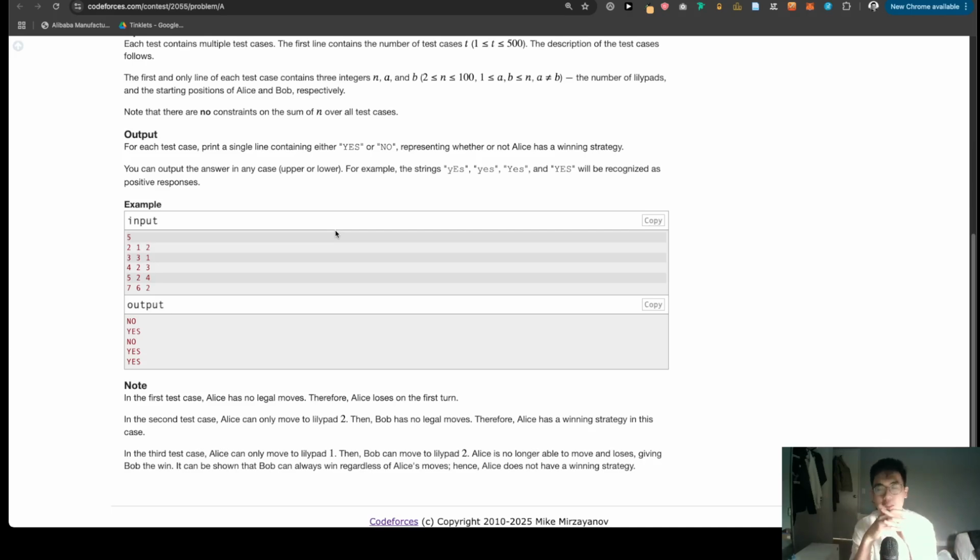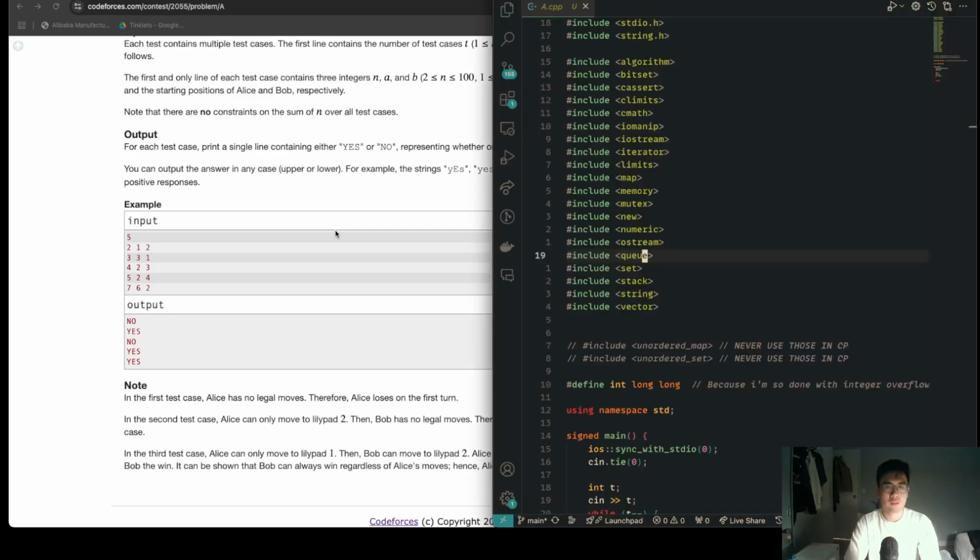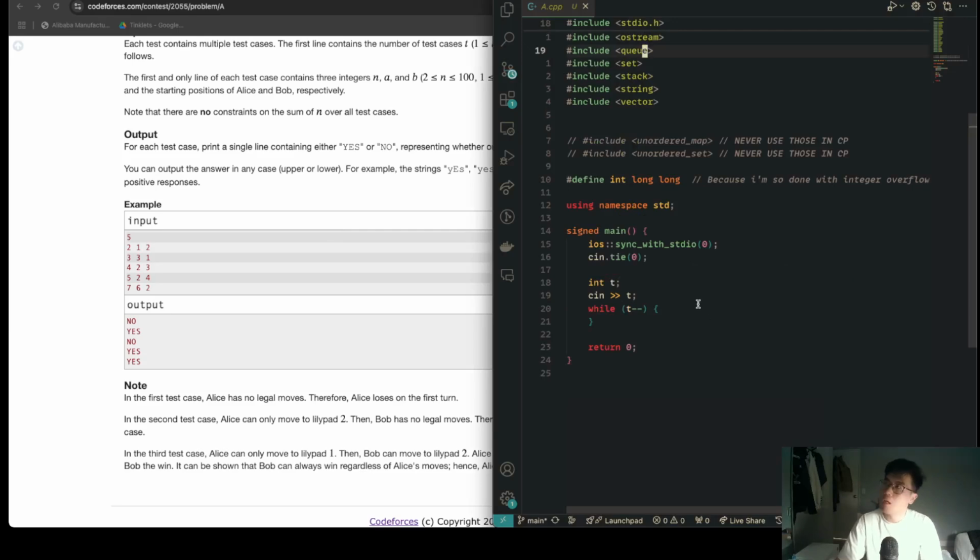So no matter what, every time he moves, let's just check the distance between the two. If it's odd, it gets closer. It's just the distance between the two.